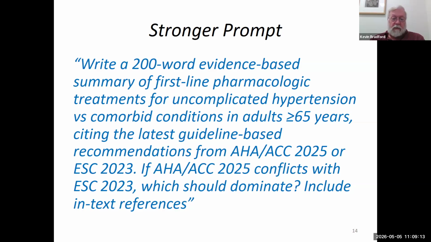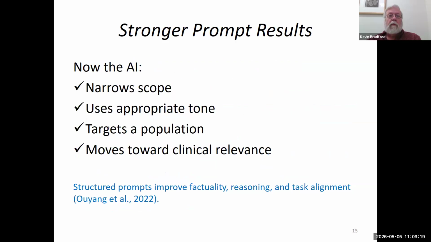So obviously, this reduces editing time and improves the quality of your work. Essentially, to recap, a strong prompt narrows the scope, uses appropriate tone, targets a particular population, and moves toward clinical relevance. So they're more usable in practice.